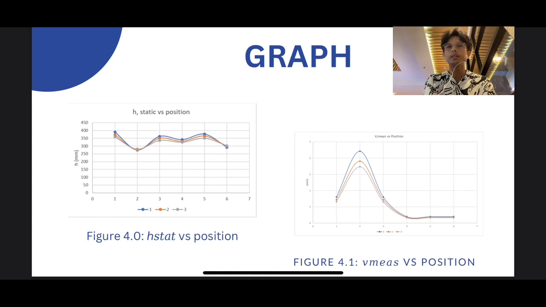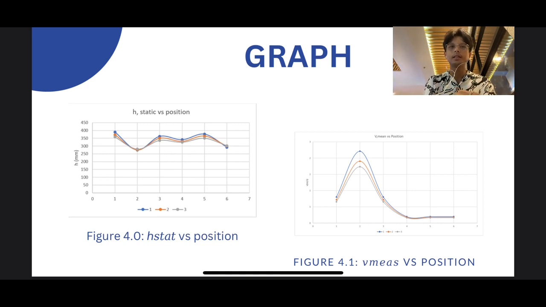After we calculate the V_mis, we make graphs in Excel. The first one is the static head versus position graph. The second one is V_mis versus position. The results of the graphs change a little bit, but overall look quite the same.